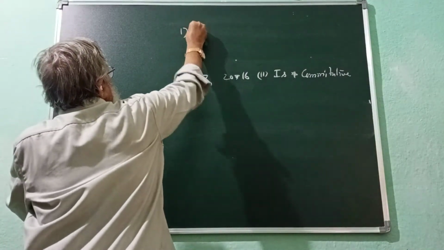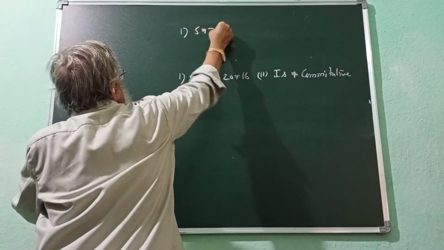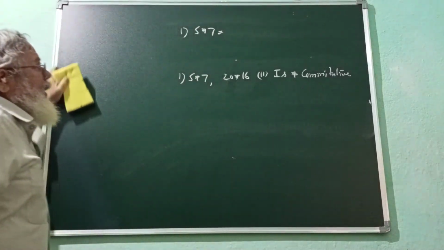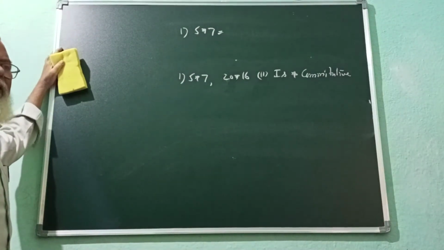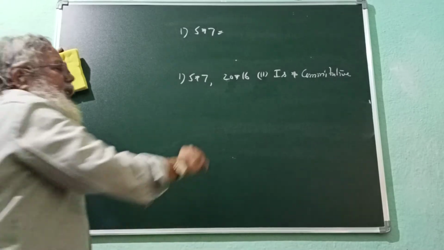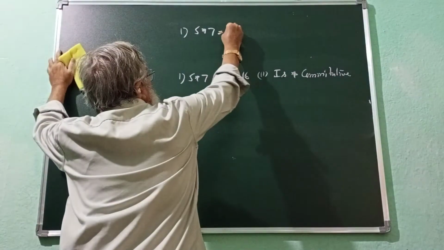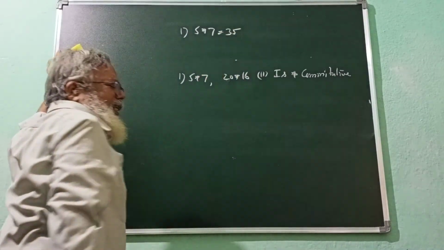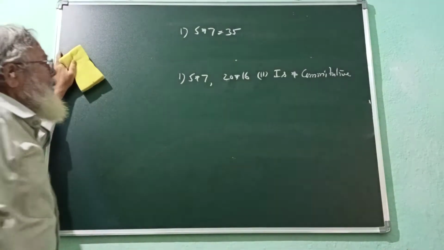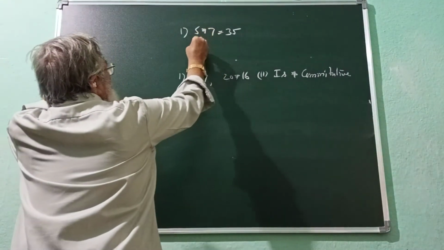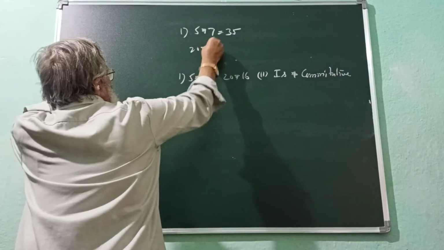First one, 5 star 7. You know clearly the LCM of 5 and 7 is nothing but 5 into 7, that is 35. Directly we can write, no problem. Then one more number he has given, 20 star 16.